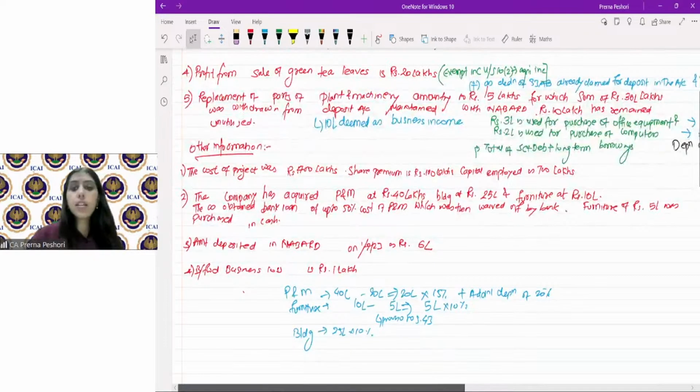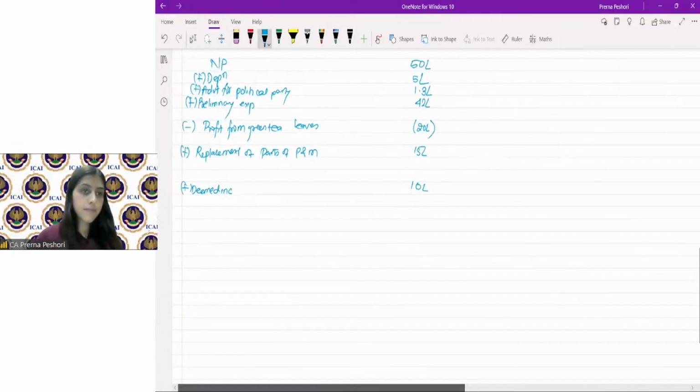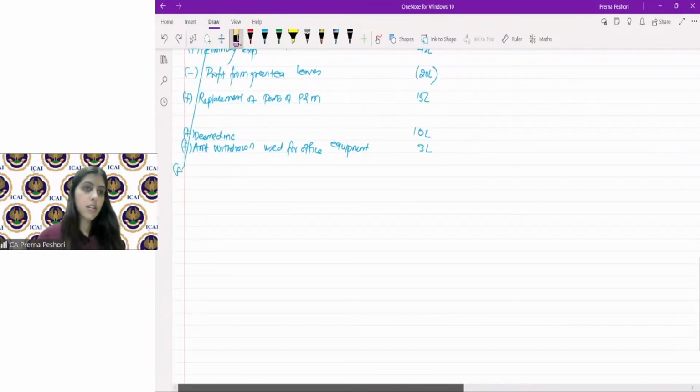Next, I have the 3 lakh used for office equipment. Depreciation on computer was 80,000.